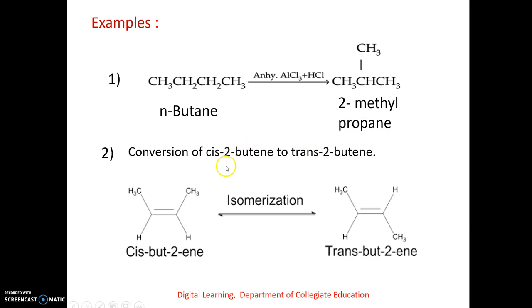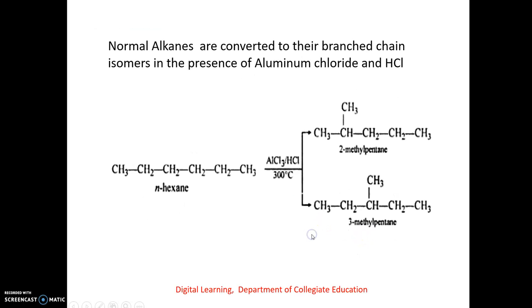Another example for an isomerization reaction is the conversion of cis to trans butene. That is, cis-butene upon isomerization gets converted into trans-butene. In the petroleum industry, large amounts of alkanes are obtained, and the chain length of these alkanes can vary from 2 to 10, and they get converted into branched chain isomers in the presence of aluminum chloride and hydrochloric acid.